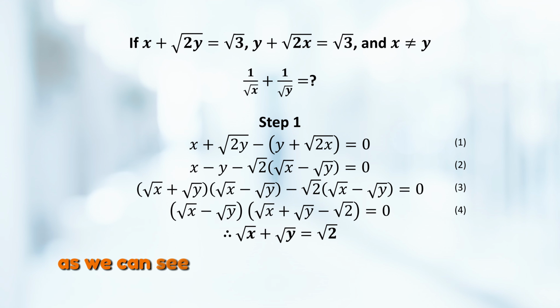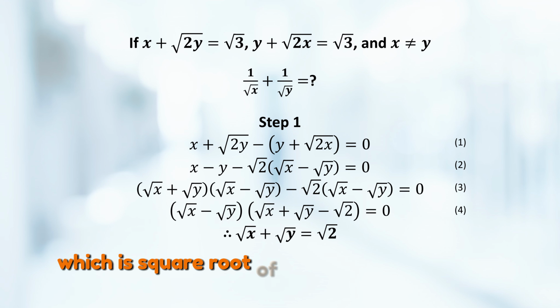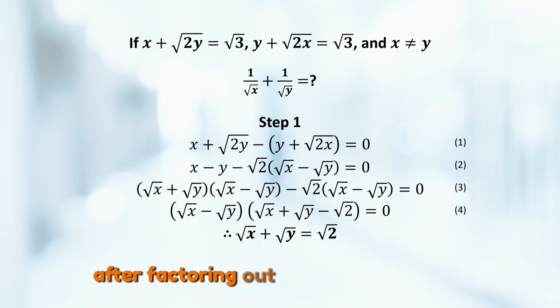As we can see now, there is a common factor in equation 3, which is square root of x minus square root of y. After factoring out this common factor, we get equation 4.